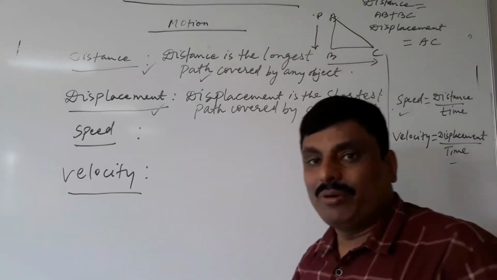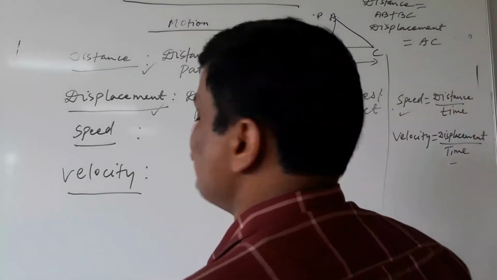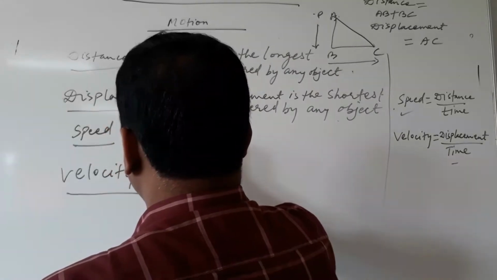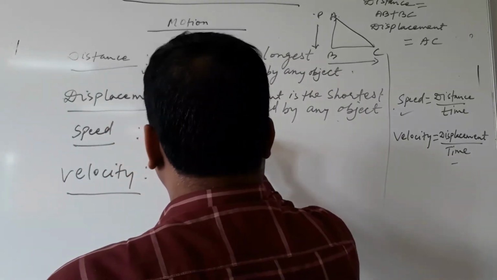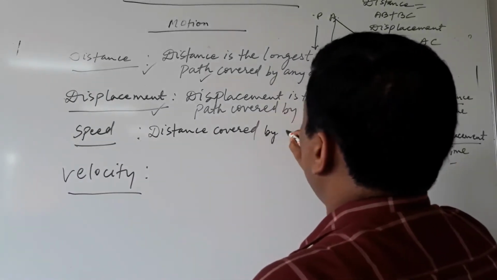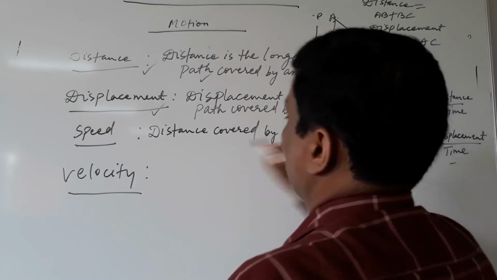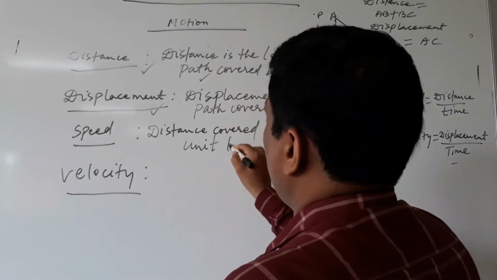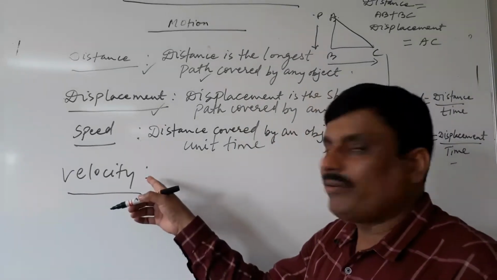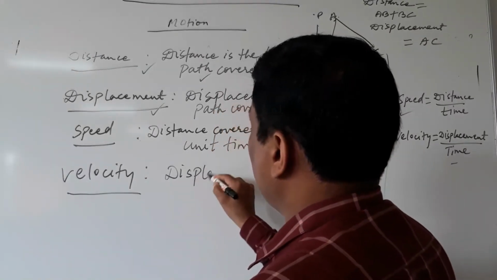Through this formula, you can define speed also. Speed is distance covered per unit time by any object, distance covered by an object in unit time. For velocity, displacement will be there.